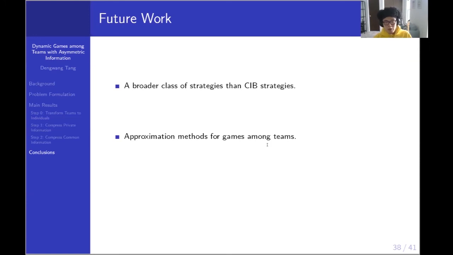For example, if we are content with epsilon equilibrium instead of equilibrium, maybe we have some methods to approximately compress the information. The third problem deals with reinforcement learning in games among teams, where the agents do not necessarily know the parameters of this whole game, and they need to learn this along the way while playing this game.